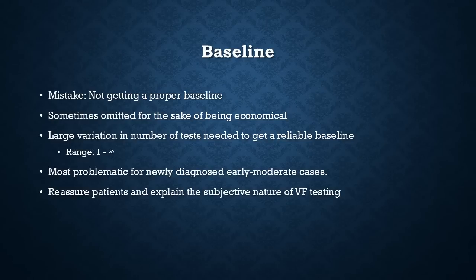This is often a problem for newly diagnosed early to moderate cases where the defects are not so obvious. So all we can do is to reassure the patients and explain to them that we really need to get more tests at the beginning because of the subjective nature of visual field tests.